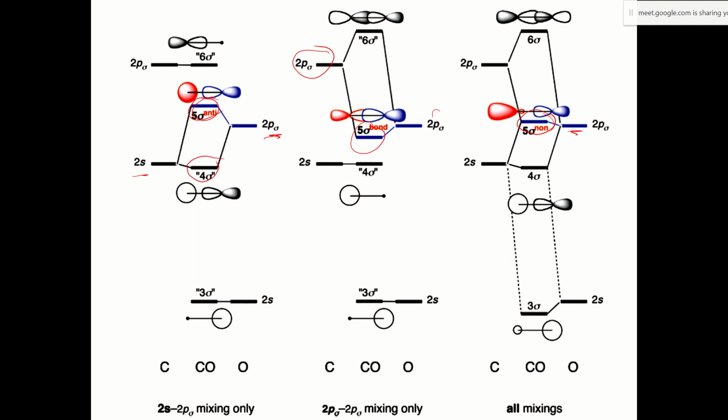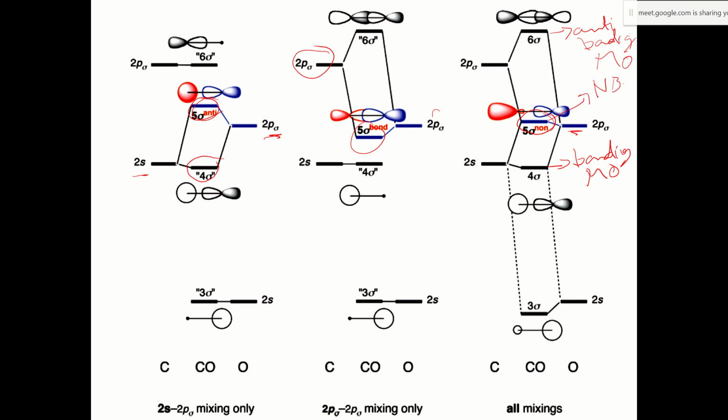So you are creating three orbitals. One, this is bonding MO, anti-bonding MO, and this is the non-bonding.